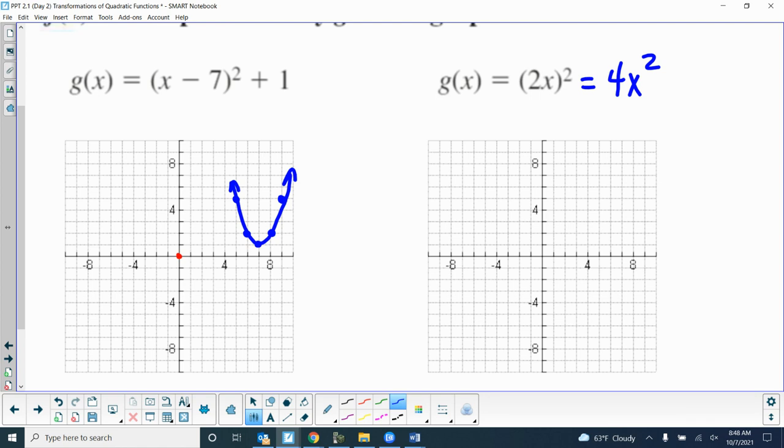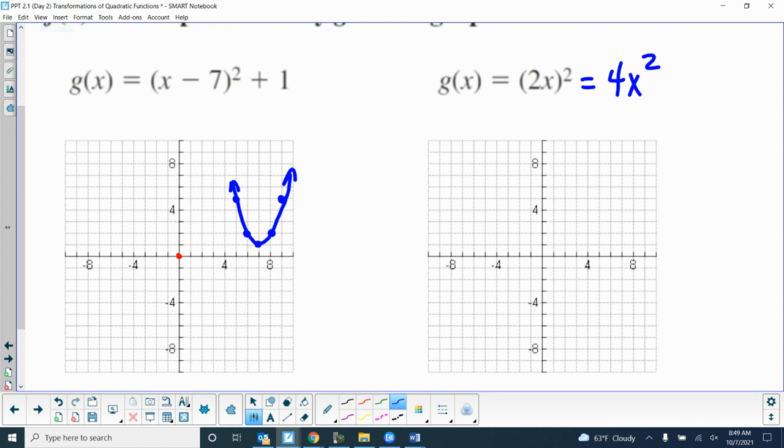But what's happening when we're changing the x part? Is that horizontal or vertical change? Horizontal, right? Now, when it's horizontal and we changed it by 2, we're actually doing what? Compressing it by what number? 1/2, right? The reciprocal, remember?